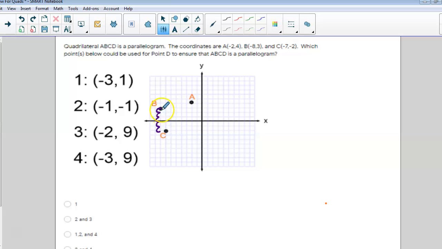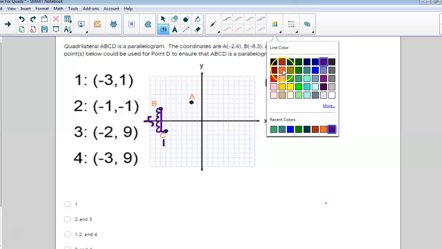And I do this by making my triangle, okay? So I have a rise of -5, and then I ran over 1. So the slope of B to C is -5 over 1, okay?